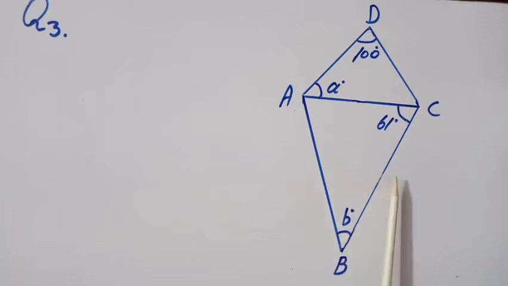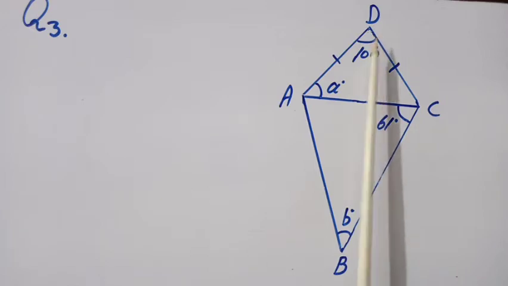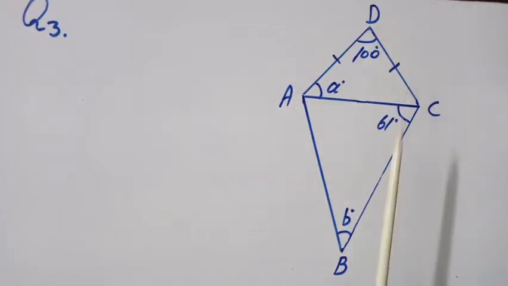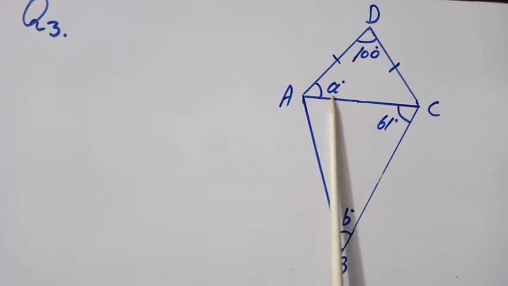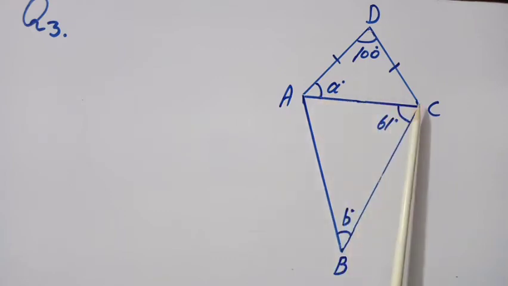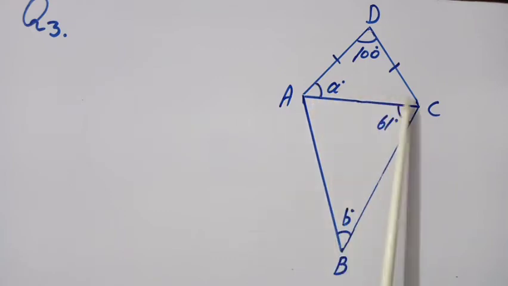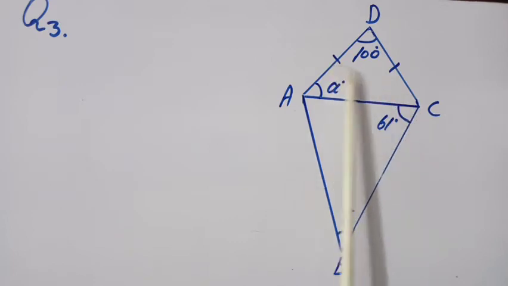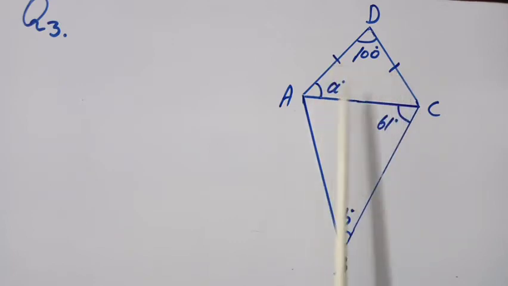So this side is equal to this side exactly. So we consider the upper triangle ACD. In the triangle ACD, as this is A, this should also be A. Why? Because these two angles, opposite to the equal sides, would also be equal to one another.